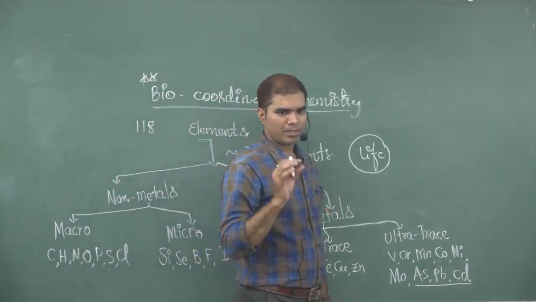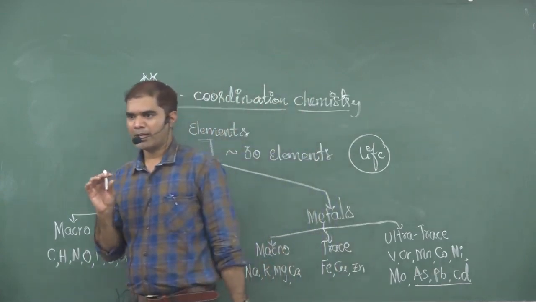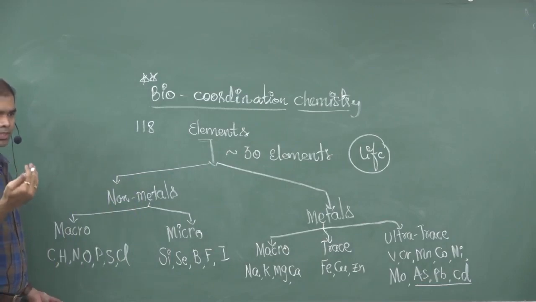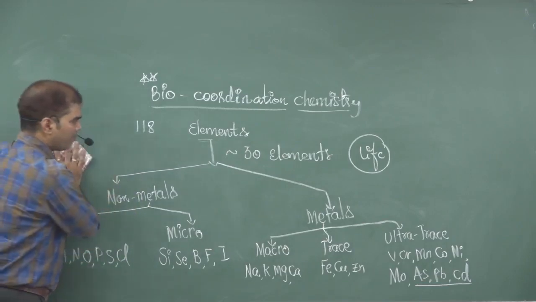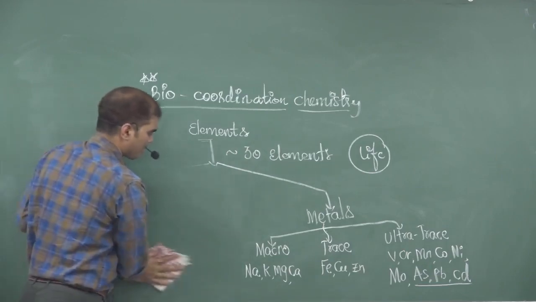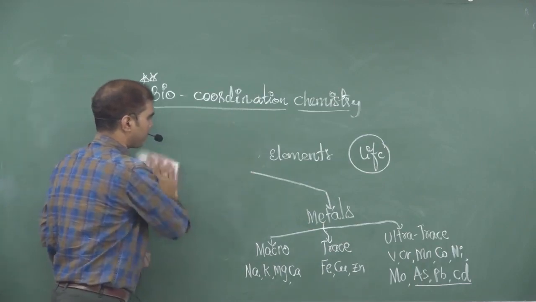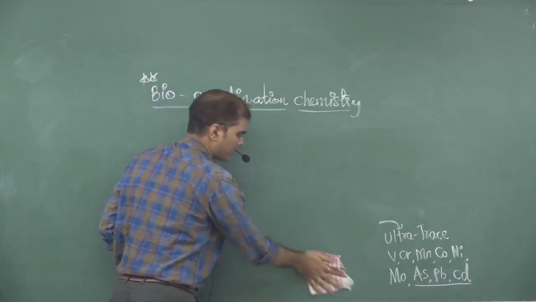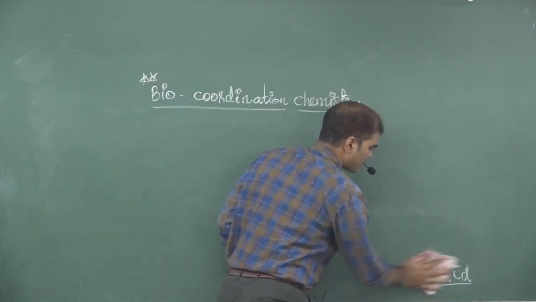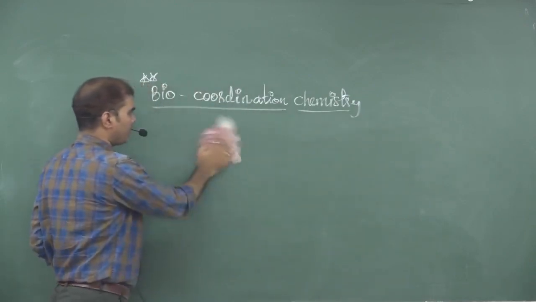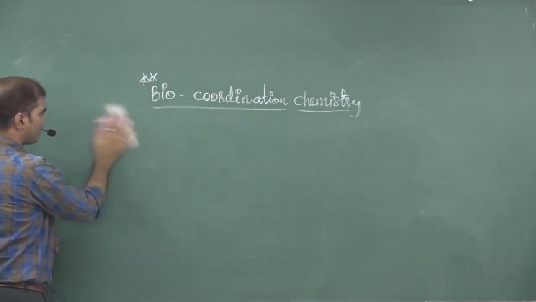Lead pipes, or food which is packed in lead containers. Such things slowly seep into our body. So we have to be very careful with these elements. Now slowly aluminum is also entering our body. It is not an essential element, but aluminum is also entering our body.